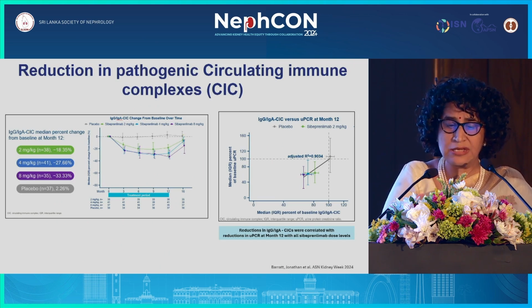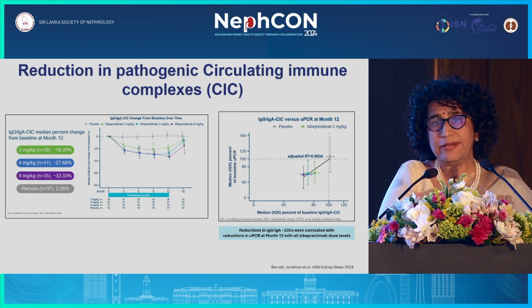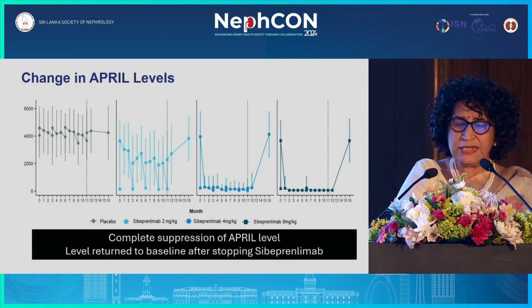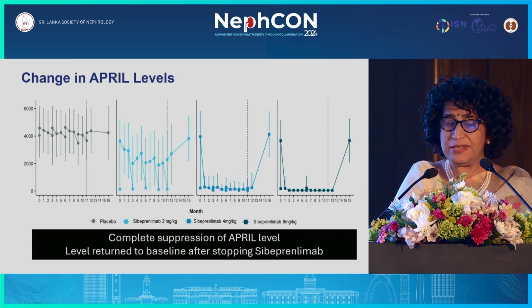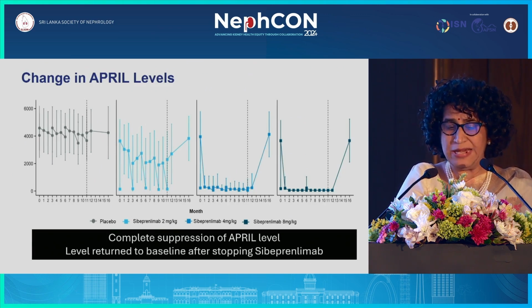Yes, there was. And this reduction correlated very well with the decline in proteinuria. There was a significant change in APRIL levels as well. There was complete suppression of APRIL levels. The levels, however, returned to baseline after stopping the Sibeprenlimab.